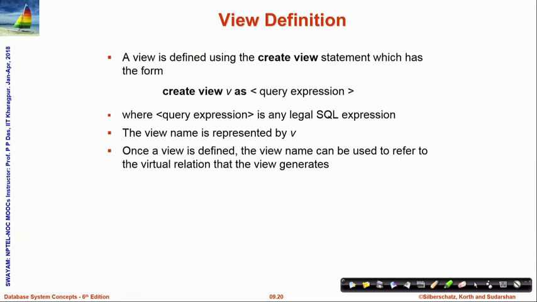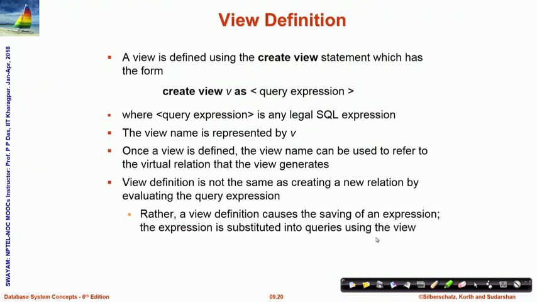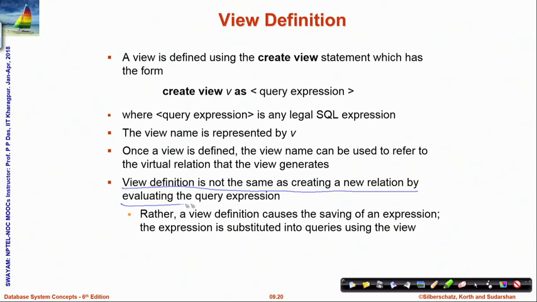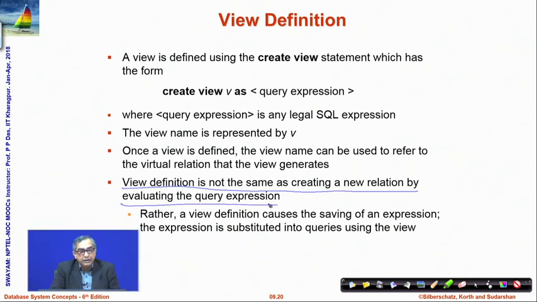It can be used exactly as we use any of the really existing relations, the conceptual relations that we have created through create table. The difference is what needs to be understood very well. The view definition is not the same as creating a new relation. Once you create a new relation, you get the result, and that result is explicitly available as a set of tuples, as a table.